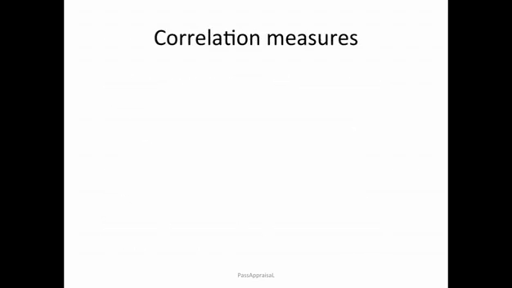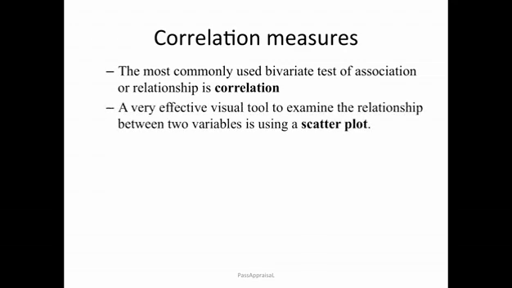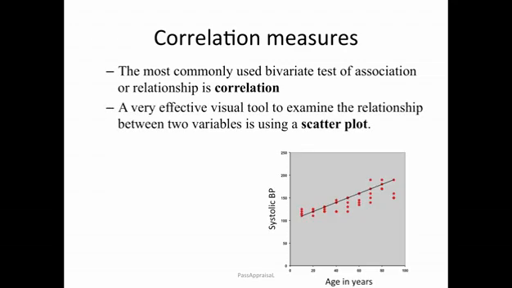The most commonly used bivariate test of association or relationship is correlation. The concept of correlation is related to a very effective visual tool called scatter plot that is used to examine the relationship between two variables. Let us examine the association between age and systolic blood pressure.